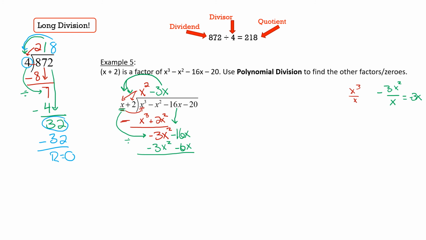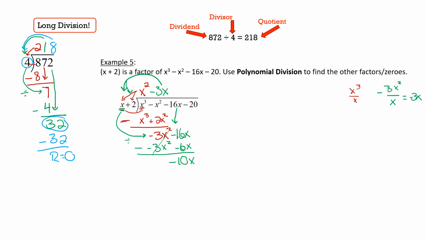And we subtract. When we subtract, these are gone. I'm left with negative 16x minus negative 6x. Be careful with those signs. That's actually negative 16x plus 6x. So that's negative 10x. And that's the end of the second step.